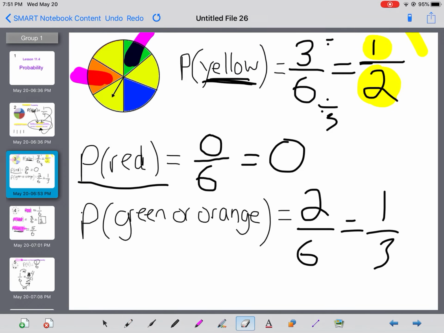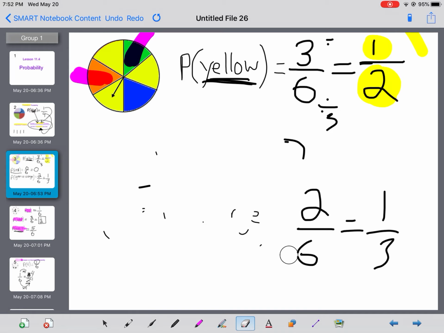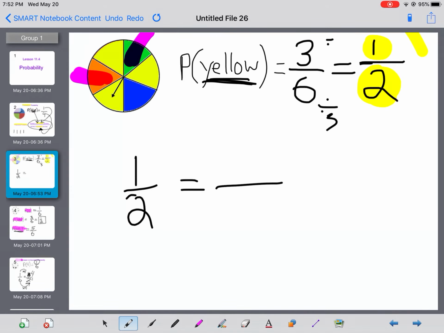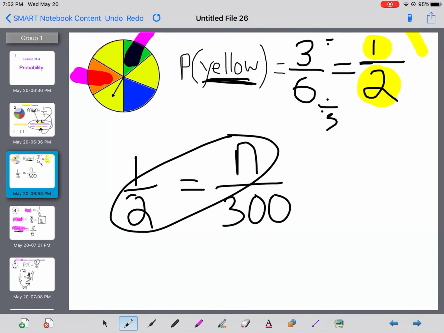Okay, we can go back to this slide here, and let's just erase a few things. So, let's do probability of yellow over here. I should have made my eraser a bit bigger. So, we figured out that the probability of yellow is 1/2. Let's say I'm going to spin that spinner 300 times. How many times should I land on yellow in theory?